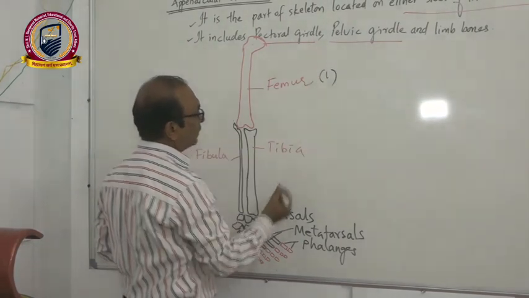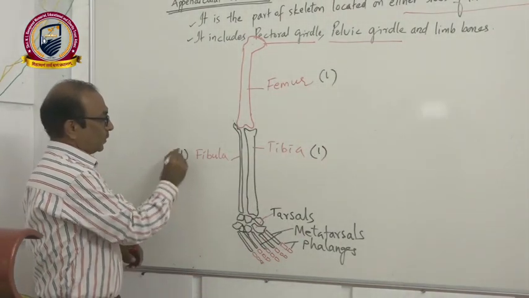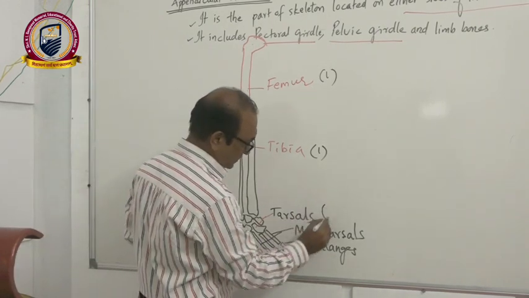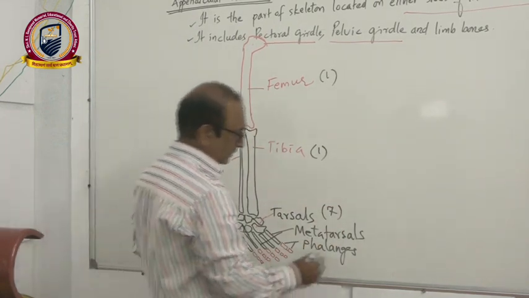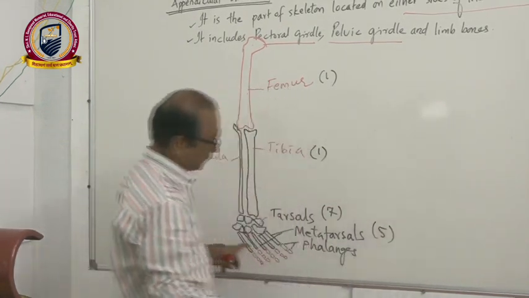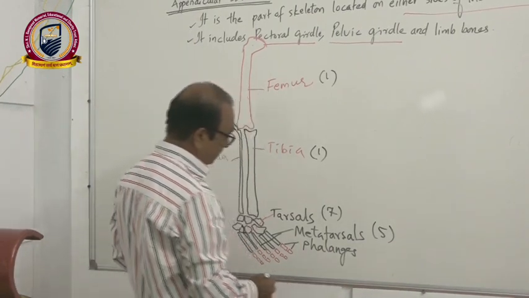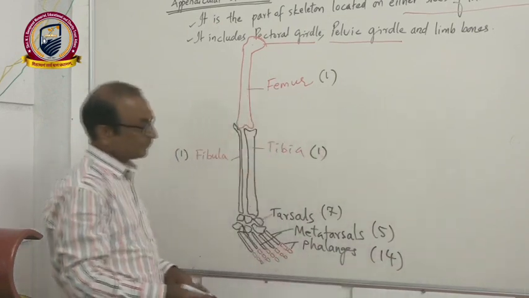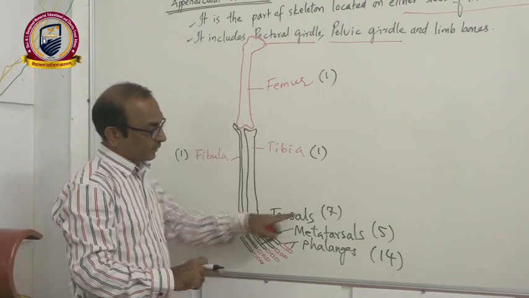So we have one femur bone, one tibia, one fibula, so 2 bones here, tarsals 7, metatarsals 5 in one feet, and the phalanges, if you take up, they are 14.